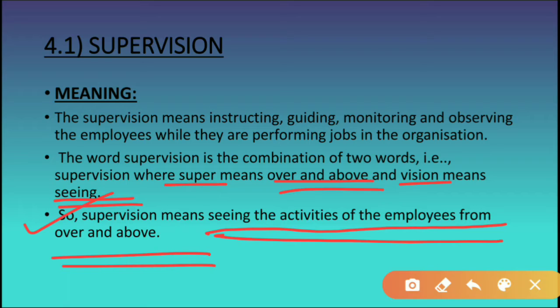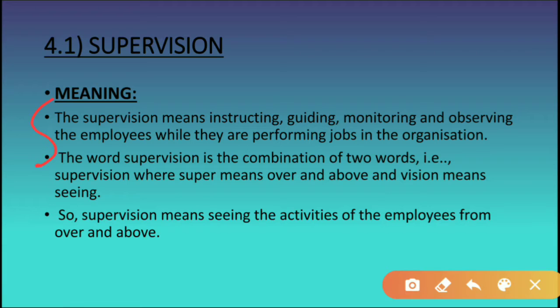That is why it is known as supervision, because the superiors are above the subordinates and are the ones supervising their work. So supervision means seeing the activities of the employees from over and above. This is what supervision means.